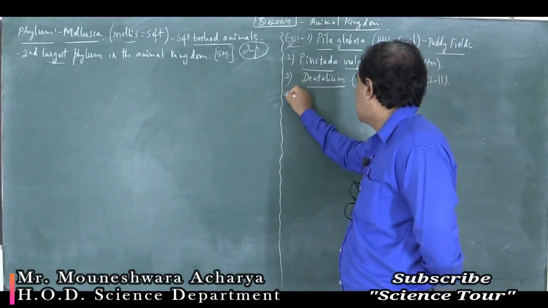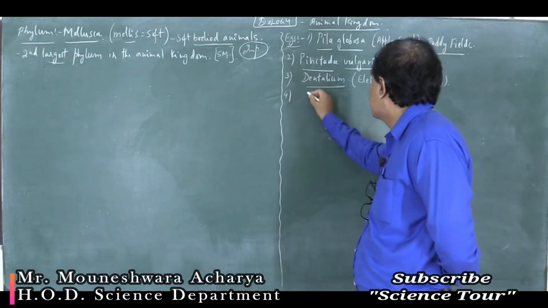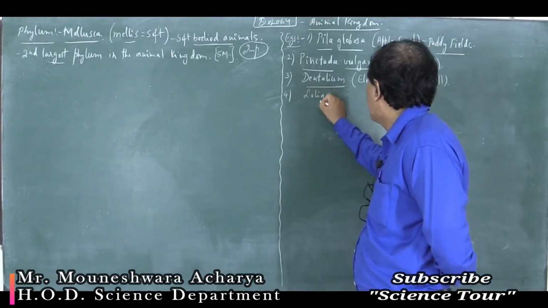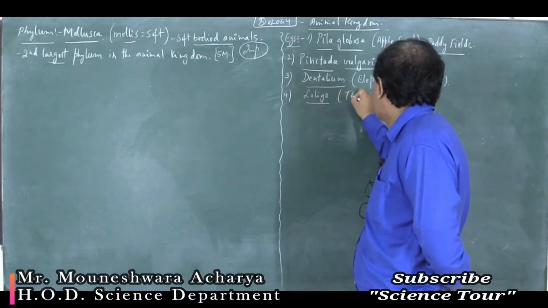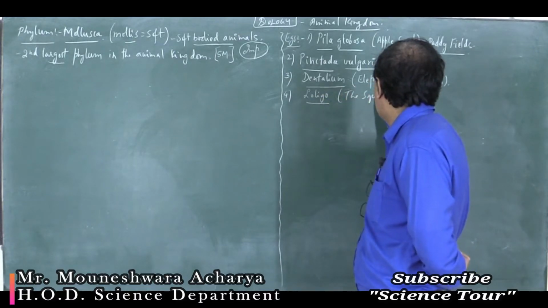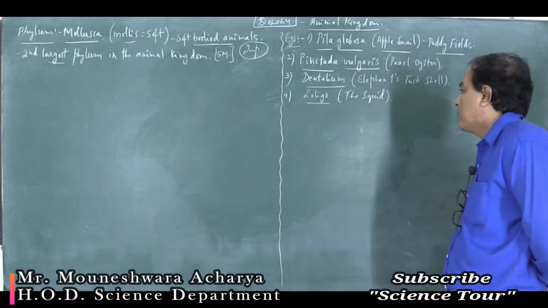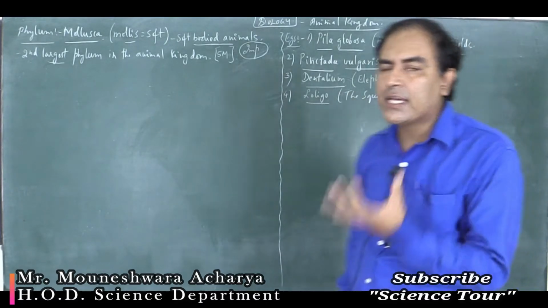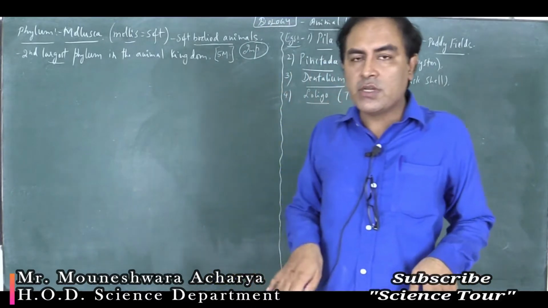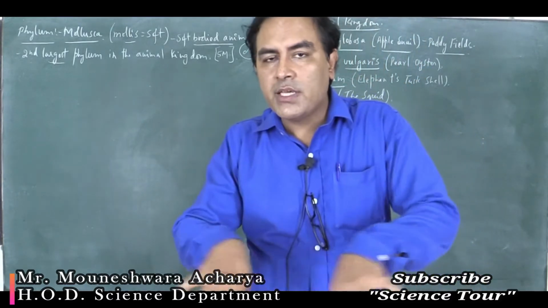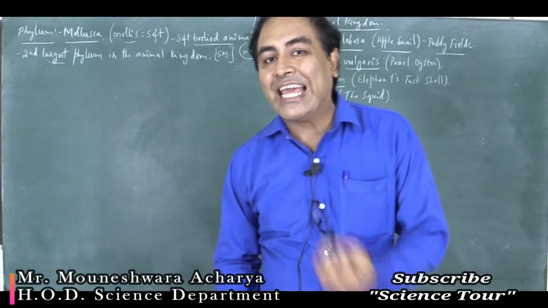Then example number 4 is Loligo, commonly called as the squid. I'll tell you the important feature of this Loligo. It ejects ink to its surroundings. It lives in the sea and it has an ink gland.